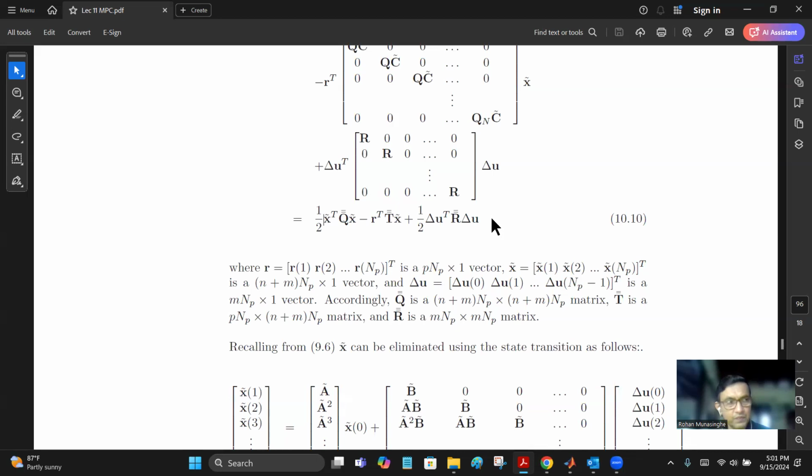In that case, it's a different optimization, right? You have to get the partial derivatives and set them both equal to 0. The cost partially differentiated with respect to x tilde has to be 0, and at the same time the cost partially differentiated with respect to u has to be 0 as well.